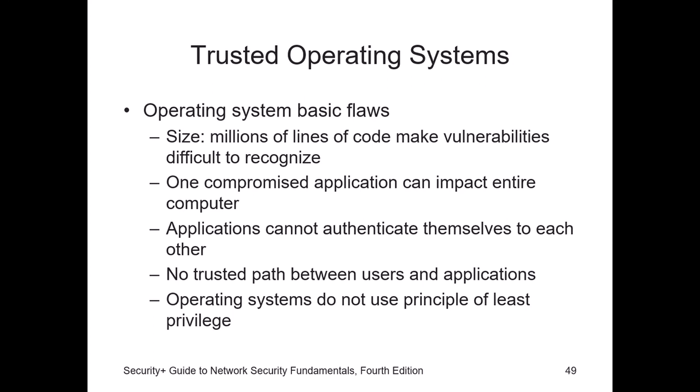All right, trusted operating systems. The operating systems have vulnerabilities because an operating system is a huge amount of code. So one compromised application can impact the entire computer. Applications cannot authenticate themselves with each other if all applications have to go through the operating system.